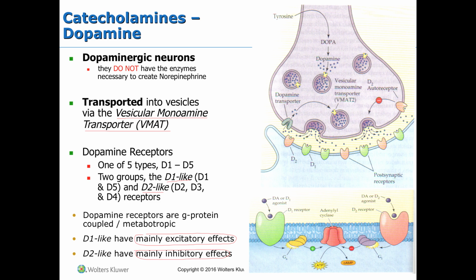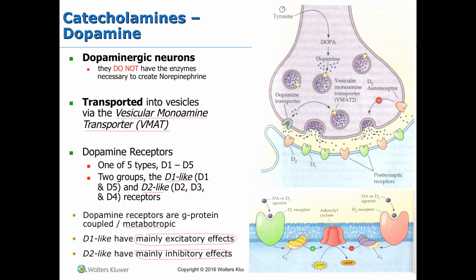So dopamine receptors are G-protein coupled or metabotropic, meaning that when dopamine binds to a particular receptor, a G-protein will be activated, allowing for an enzyme to be activated or inhibited, and that will cause extracellular or intracellular effects at the level of the postsynaptic neuron.